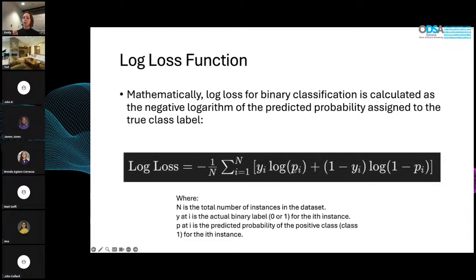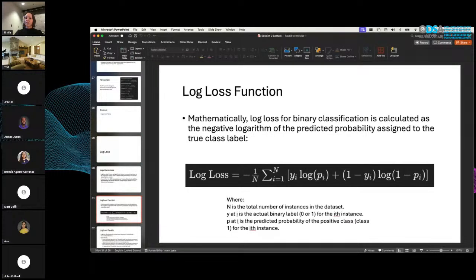P is your predicted probability. That's your 0.3, your 0.6, your 0.9. Whatever your p is, you're going to take the log of that. We're not going to go into logs here other than to just use them. You can feel free while you're taking an exam, doing homework, just doing this in your personal life. I recommend this site. Here's the site.